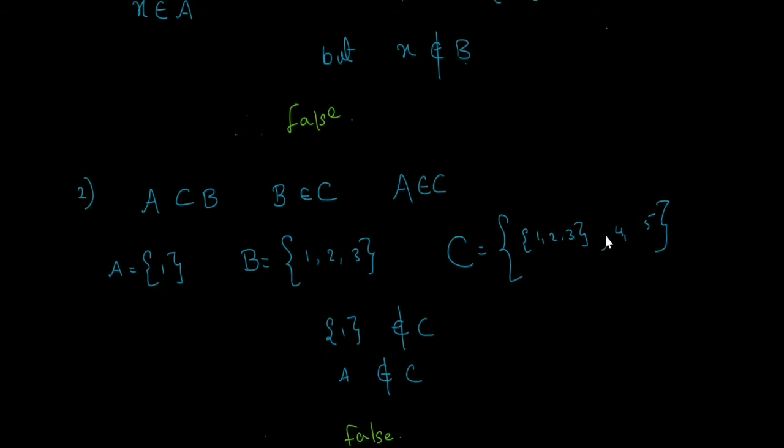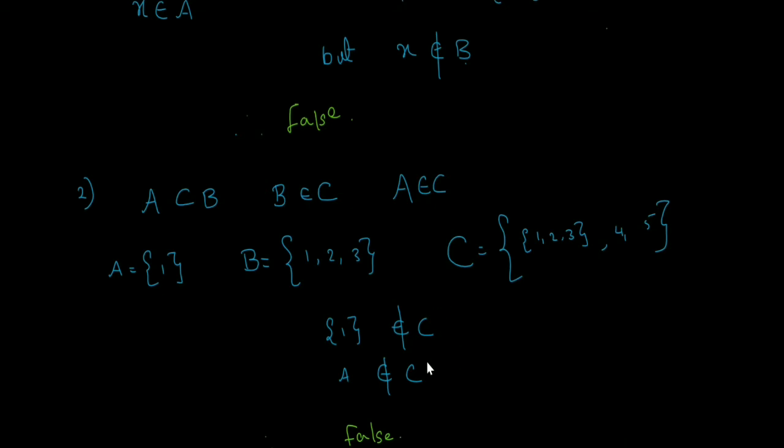Not necessary. It can be here, or it may not be there. So this is a false statement. It may be true in some cases. As I told you, if it is true, it should be true in all cases. So if you can give one example saying that it is false, then it is a false statement. One example is enough to prove the given statement is false.